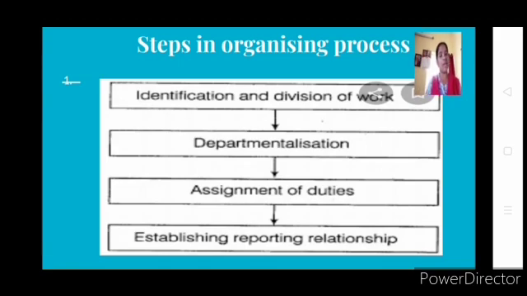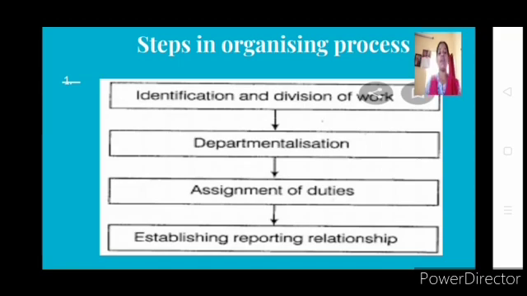So in this chapter we will be studying 3 bases. On the base of product, the activities concerned with that product you can group as one, or the activities concerned to a particular function. For example, marketing is one function, purchasing is one function, storage of goods is one function, production of goods is one function.